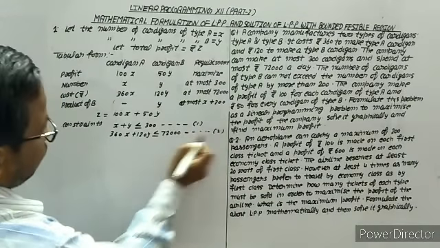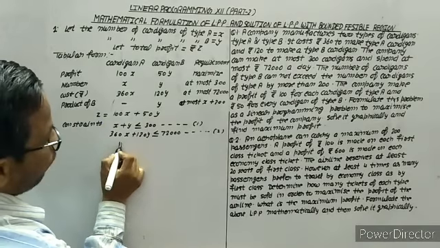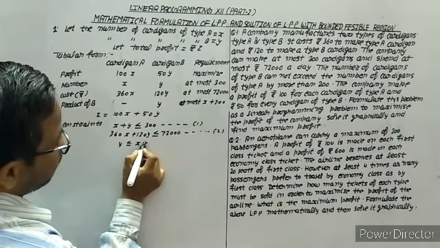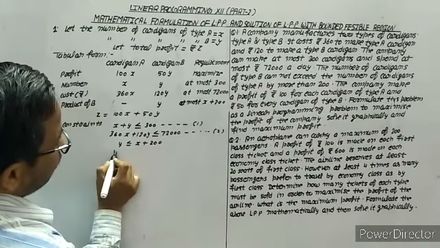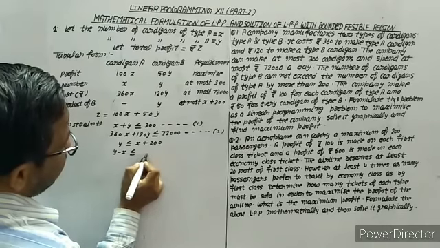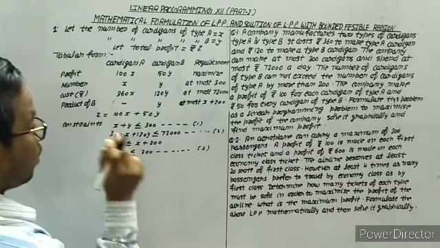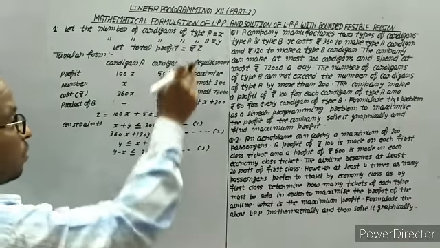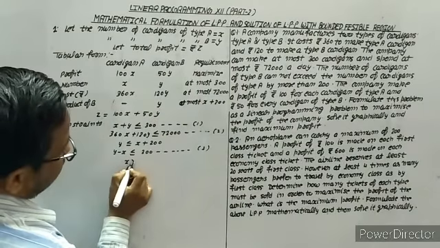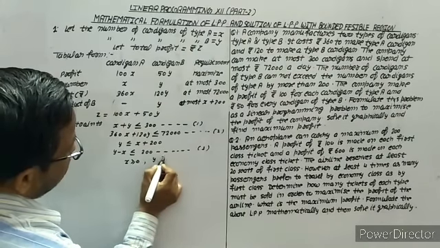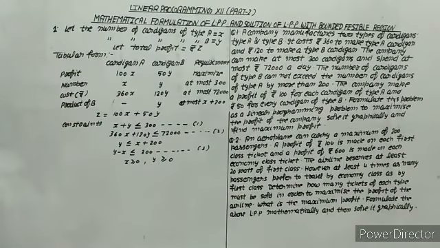This is the second equation. And another is y less than or equal to x plus 200, it means y minus x less than or equal to 200. This is the third equation. And the non-negativity of the variables: x greater than or equal to 0 and y greater than or equal to 0.